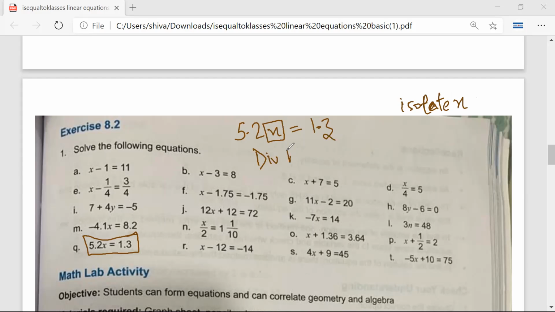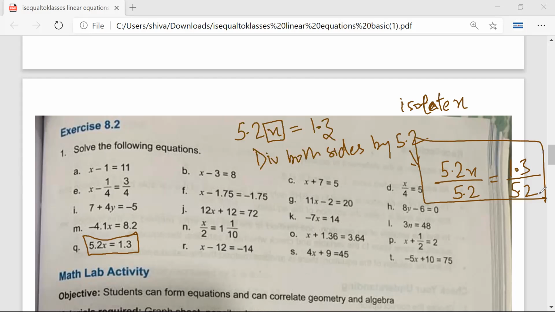Shabash, divide both sides by 5.2. Why? Because 5.2x divided by 5.2 is equal to 1.3 divided by 5.2. Mr. Sarthak, any doubt? No, sir.